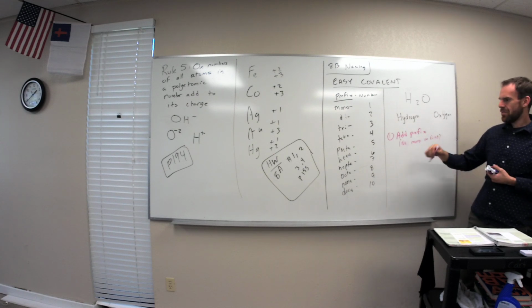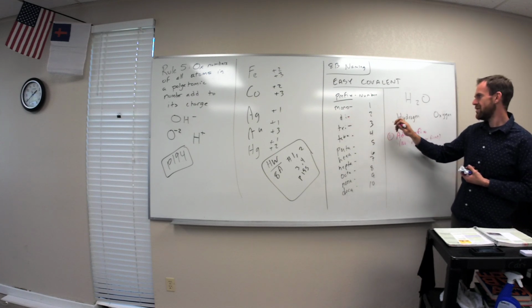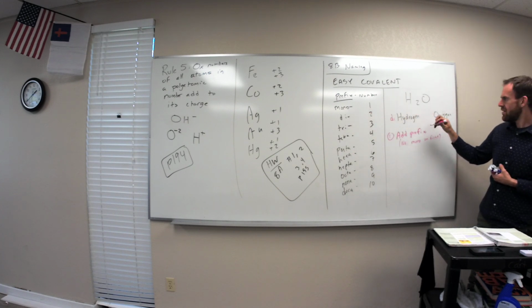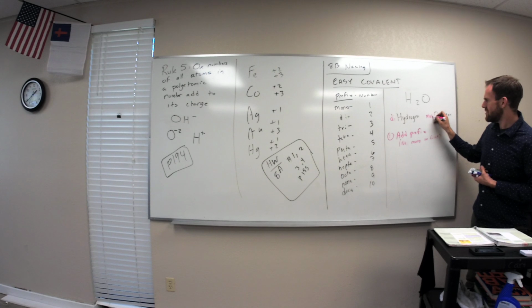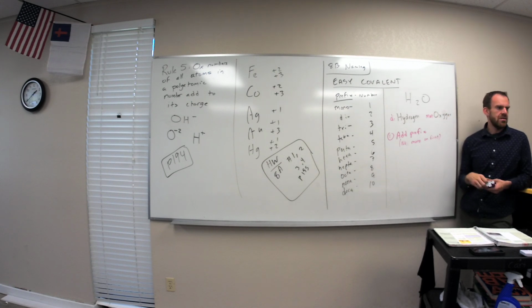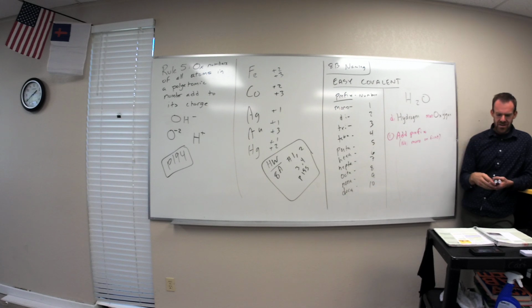So, let's add our prefixes. We have 2 hydrogens, so it's dihydrogen, and we have 1 oxygen, which is monoxygen. So 2 hydrogens, 1 oxygen, dihydrogen monoxide.